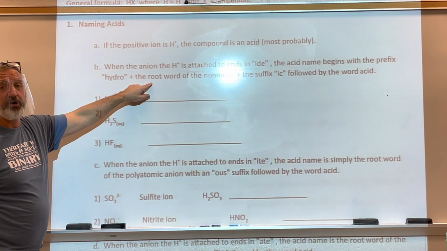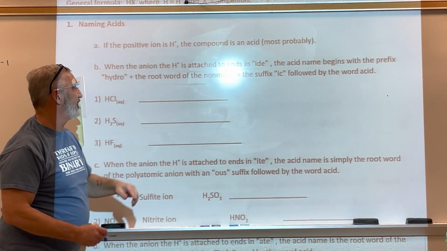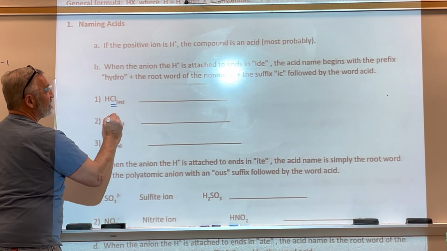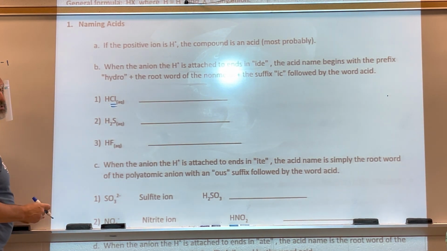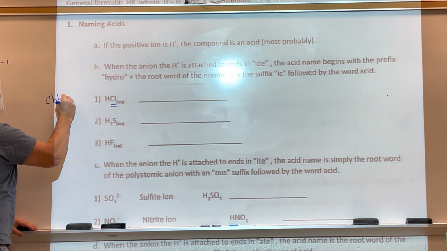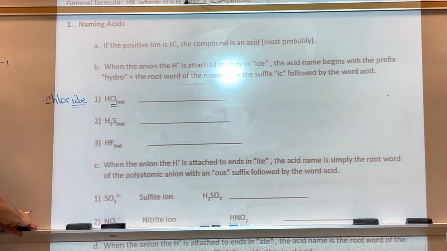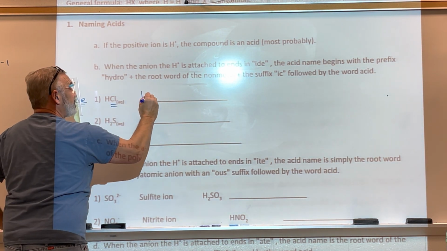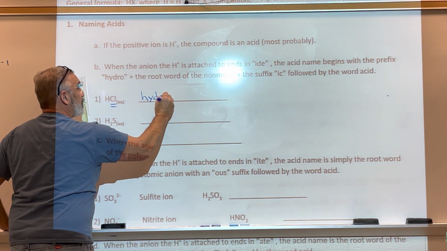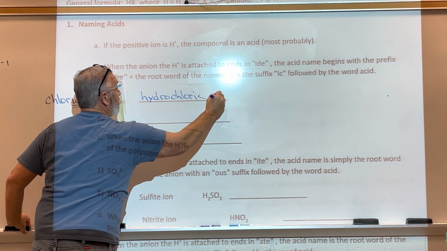You put the root word of whatever the nonmetal is and add an ic suffix. So I look here. So what's the name of that ion? Cl minus. Chloride, right? So that's the chloride ion. Therefore, I'm going to say hydro, chlor is the root word, ic, acid.